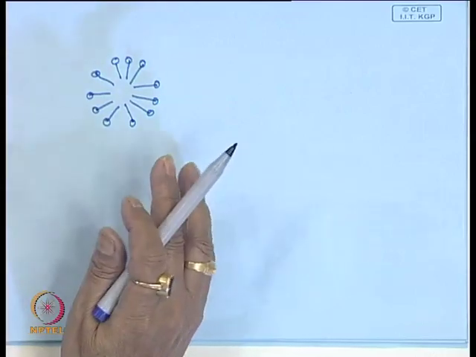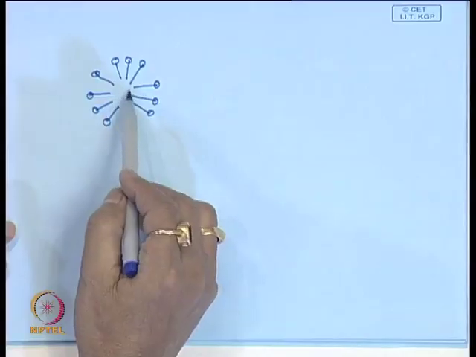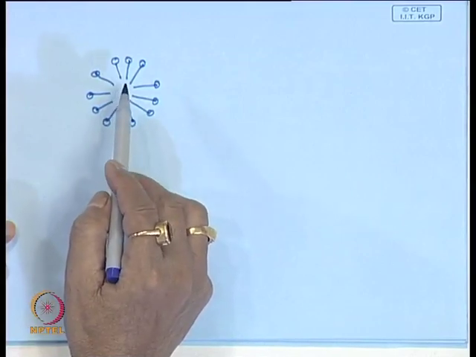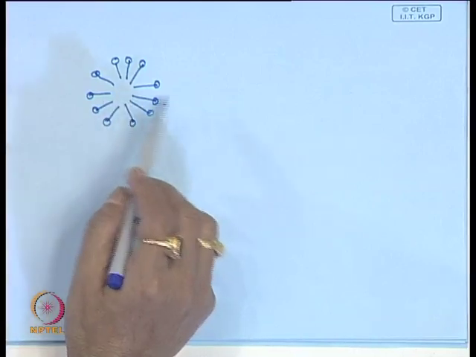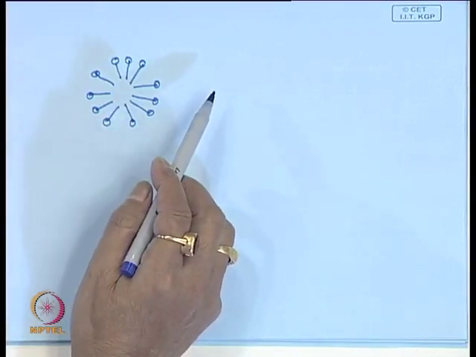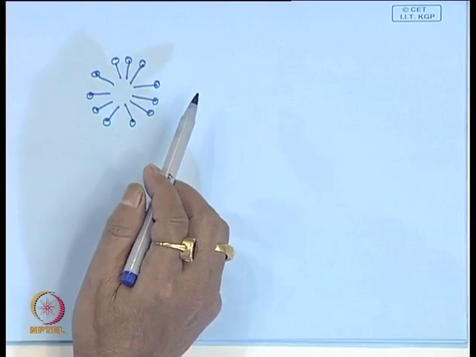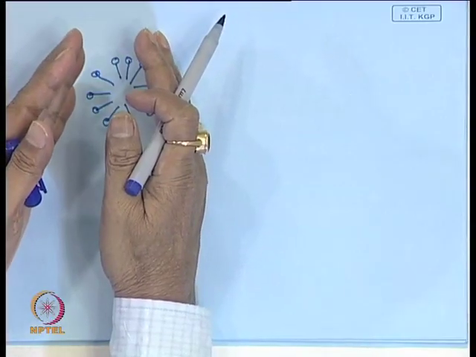Of course, the dimension of this core can also be defined, and the space in a rod-like micelle, those are also fixed. You look at the book, there the dimensions are given: 50 to 60 angstroms, length of the rod might be 100 angstrom, diameter of the micelle may be 100 to 150 angstrom.